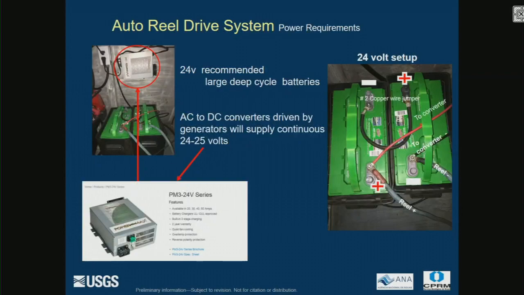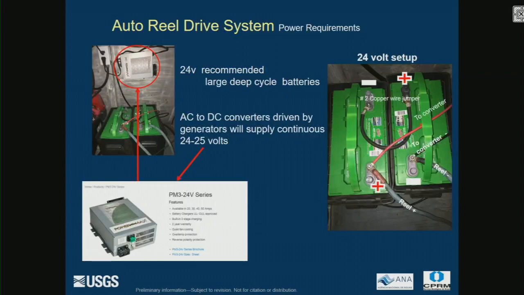We used to change these batteries out every couple of weeks, but it's very labor intensive. We have found these 24 volt chargers that will hook to a generator that's supplying 110 volts, and we can wire this directly to these batteries as a bank, and our system has 24 volts of continuous power.